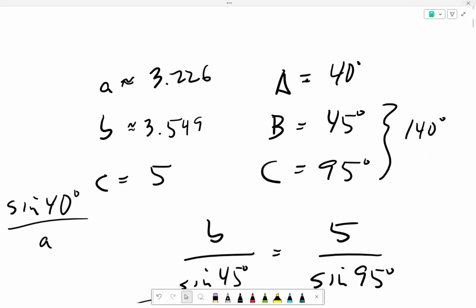If you look at it like this, you see what I mean? 5 is opposite from that biggest angle. The smallest side is opposite from the smallest angle. If it weren't that, then you have to go back and find your error.